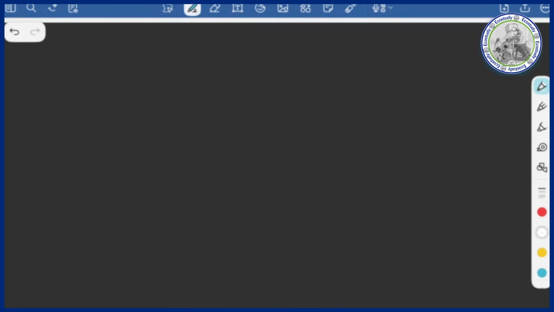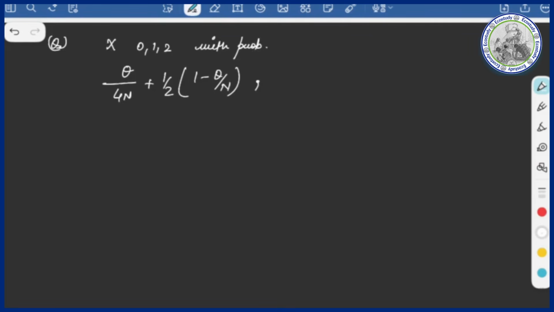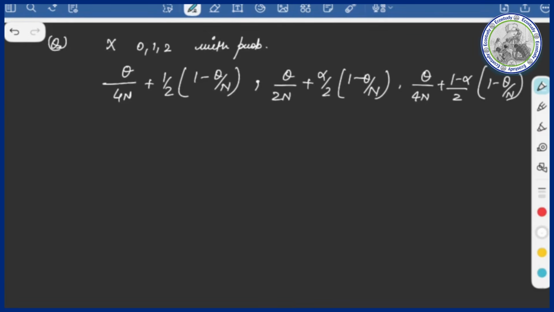Okay, let me do one more question with a different example. Suppose x is a random variable that takes values 0, 1, 2 with probabilities 4 theta upon 4n plus 1 upon 2 into 1 minus theta upon n, then theta upon 2n plus alpha upon 2 into 1 minus theta upon n, and theta upon 4n plus 1 minus alpha upon 2 into 1 minus theta upon n.